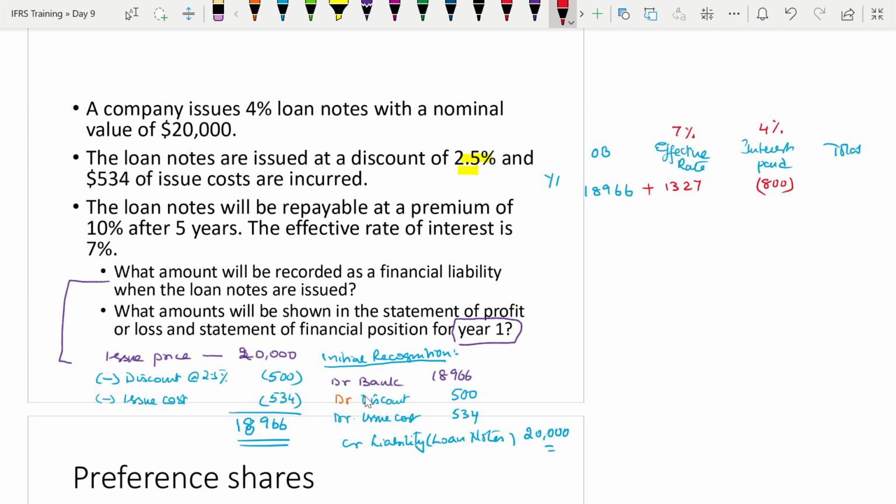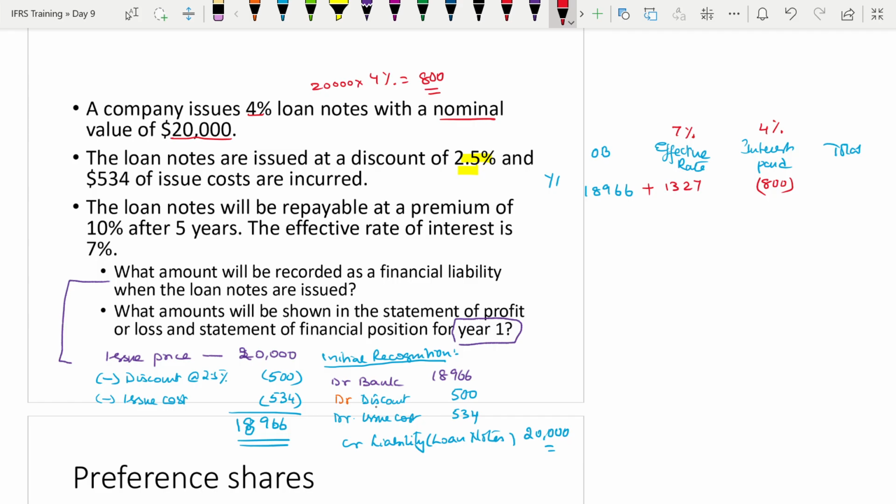When you are paying interest, you have to pay on the nominal value. You have to pay on what you promised. 20,000 times 4% comes to how much? 800.